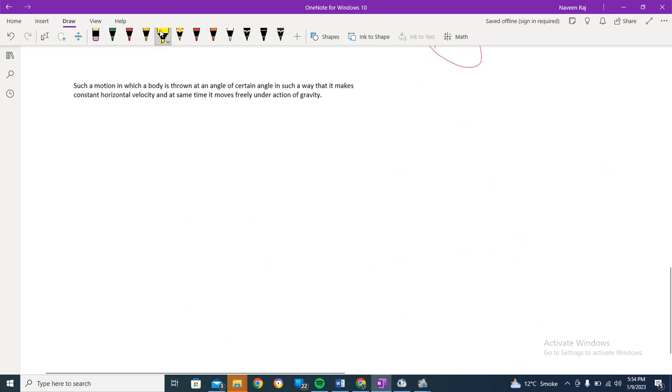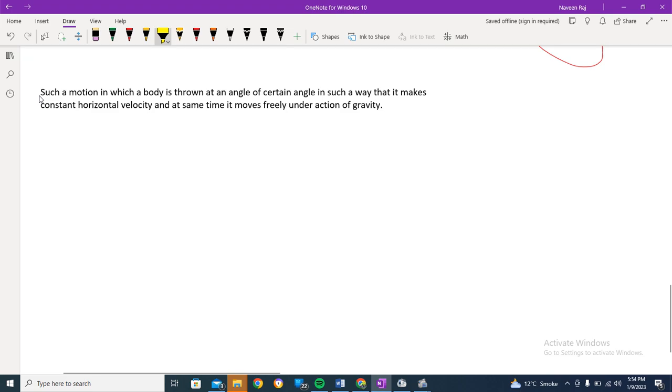Here is a very beautiful definition of today's topic, projectile motion.